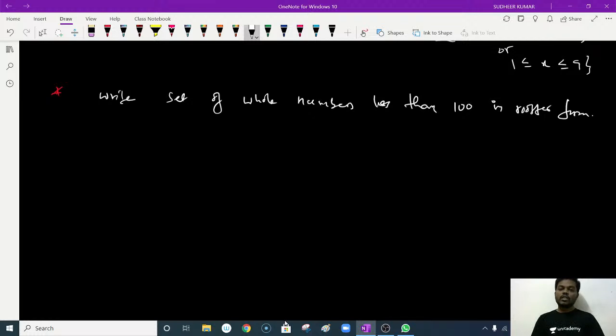So it is a direct question. If it asks which of the following is written in roster form, how do we write this? Tabular form, in the sense, set A equal to the whole numbers. So it starts from 0, 1, 2, 3, and so on. Less than 100 is given, so we can write up to 99. Isn't it? Next.